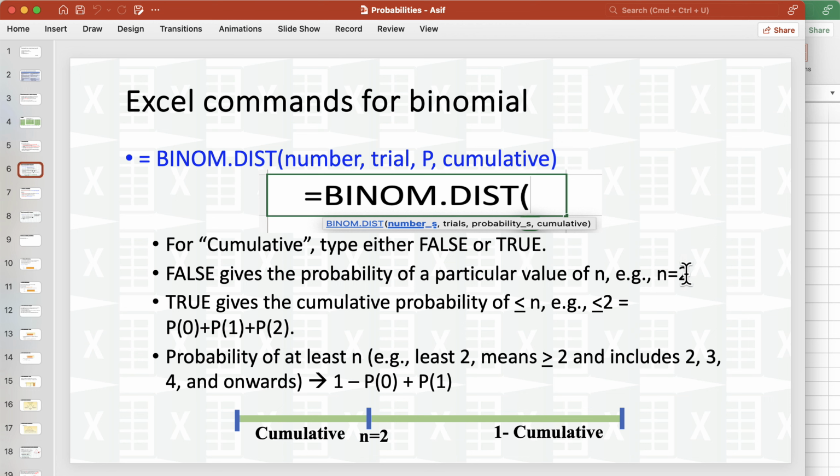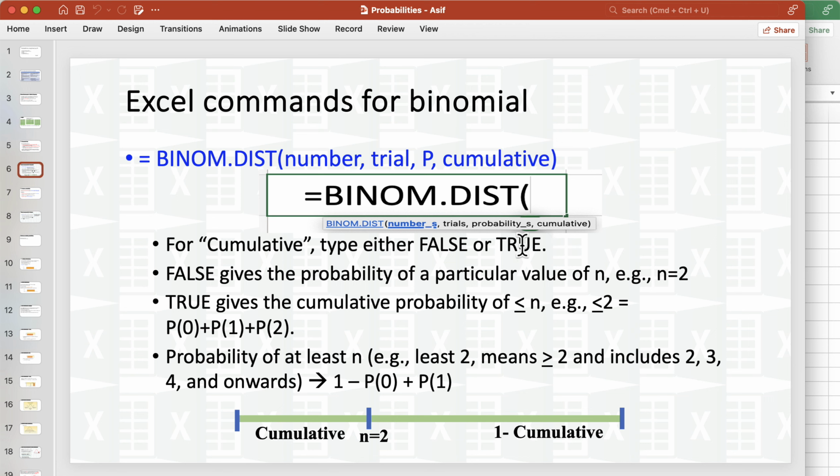For example, n is equal to 2. If you want to calculate the probability of exactly 2, in this case you must enter false. If you want to calculate the probability of 0 plus 1 plus 2, that will be cumulative probability, and for that you will mention true.